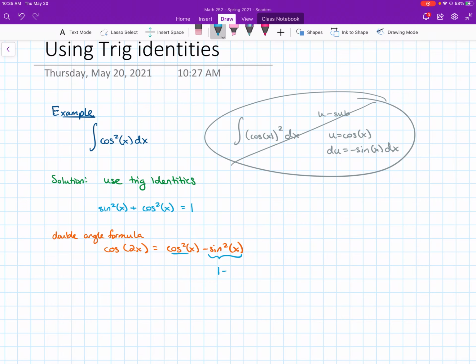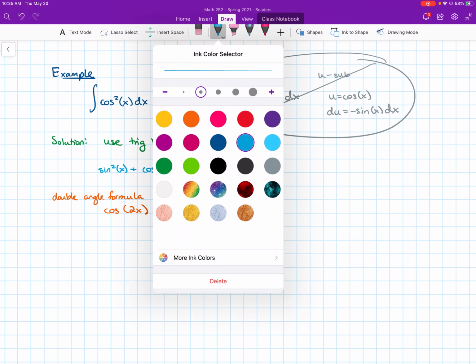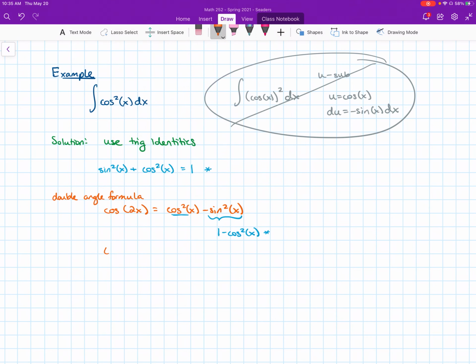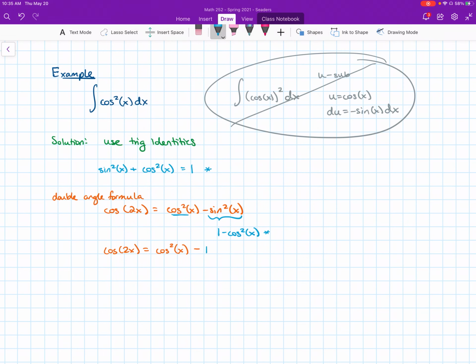Sine squared x must be equal to 1 minus cosine squared x from our trig identity above. And that means I can rewrite my double angle identity as cosine squared x minus that 1 minus cosine squared x. But if I subtract the negative, I get a plus.